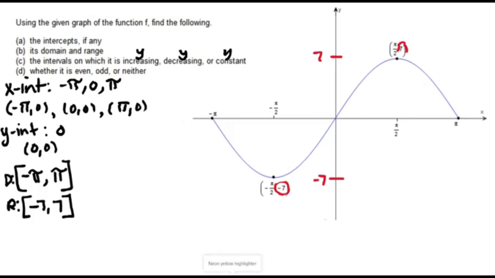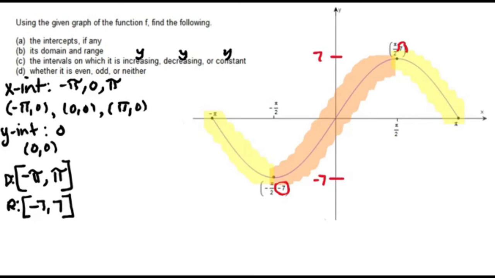So I'm going to label them. So we said that this section right here, the y values are decreasing, and then also along this section here they were decreasing. And then we said along this section in the middle that the y values were increasing.